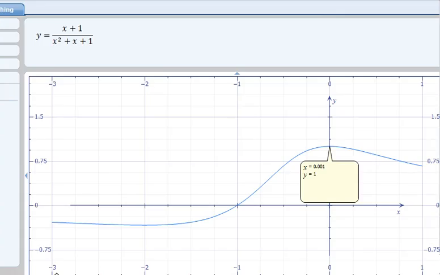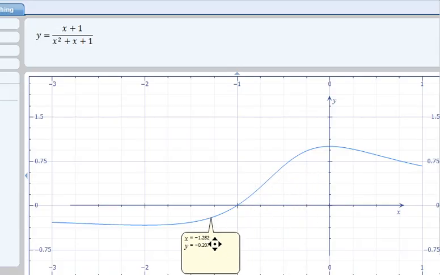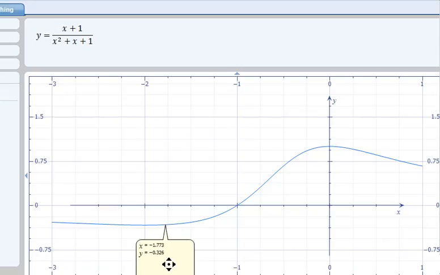I'll go back to the graph here, and if I look at this a little bit further, my y values are going down, down, down, down, down, and they still are decreasing right now, and about right here they start increasing. So they were at negative 0.32, then negative 0.33, and then negative 0.333, and then they start going back up.